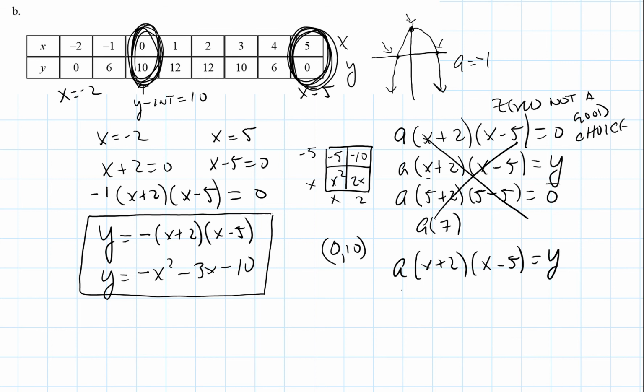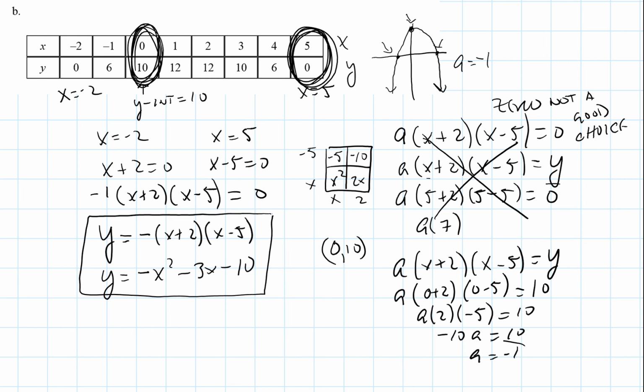So when I plug that in, I'm going to get a times 0 plus 2, 0 minus 5 equals 10. So this ends up being a times 2 times negative 5 equals 10. And so then negative 10a equals 10, and then a equals negative 1.